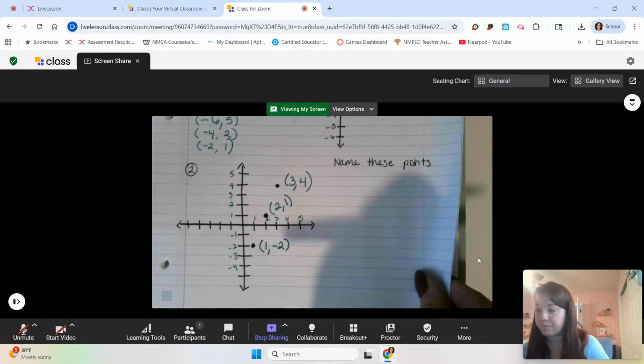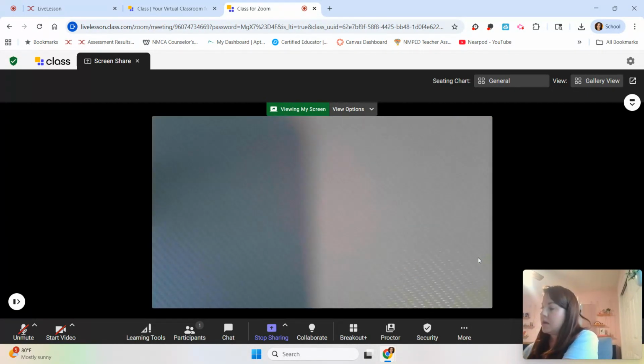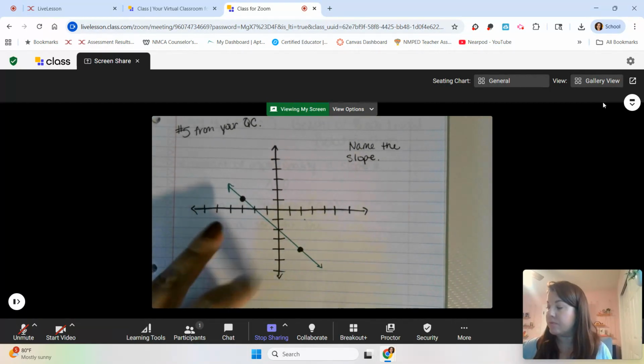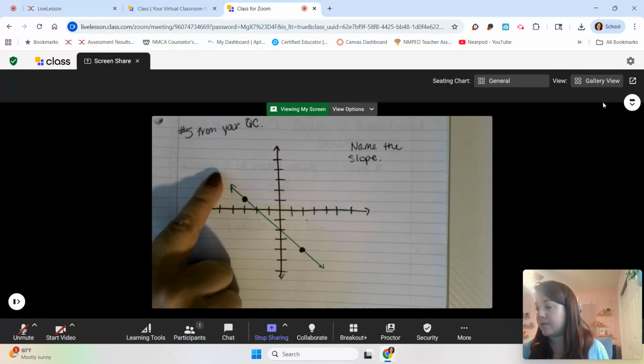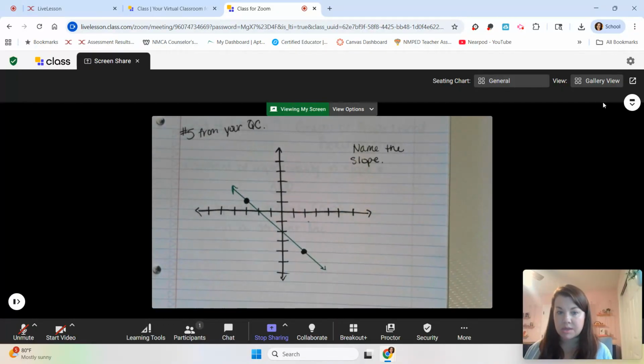Okay? This final one is number 5 from your quick check. So they give you 2 points and they drew a line right through it and they want you to name the slope.